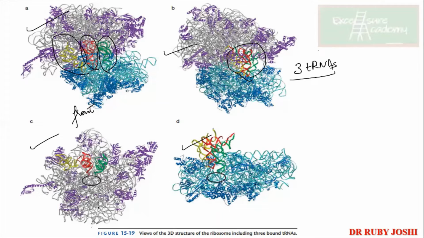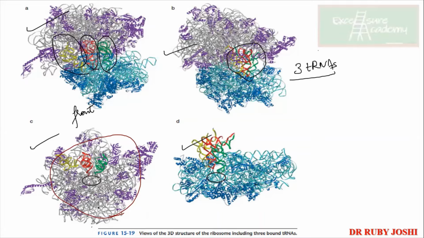Yes, Tanvi, would you like to try? Ma'am, in C, when 2 sides, green and red, are closer to that circle. Okay, but that is not what I'm asking. What is happening over here?